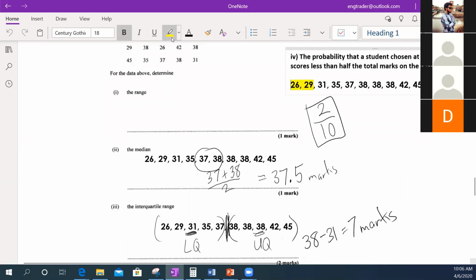If we highlight this, you see we had 2 people who got under 30. They represent the sample statistic. So the probability that someone randomly chosen in the class would get under 30, or less than 50%, what we would call failing the test, is 2 out of 10. Does that make sense?